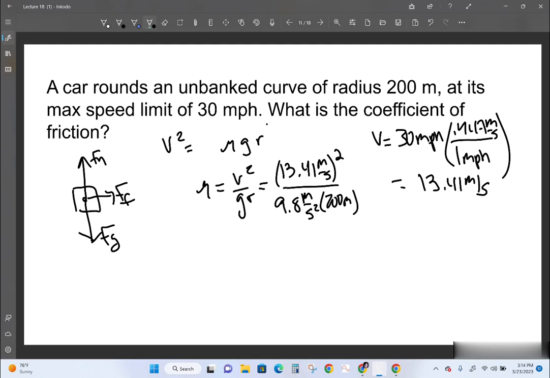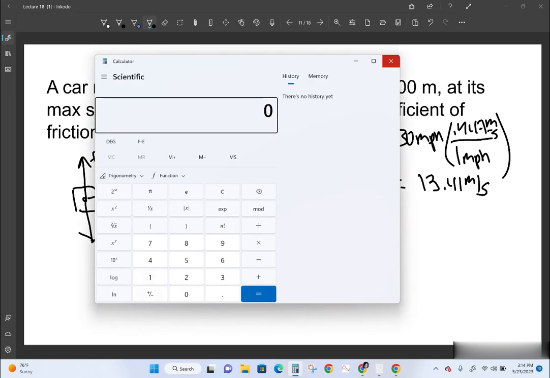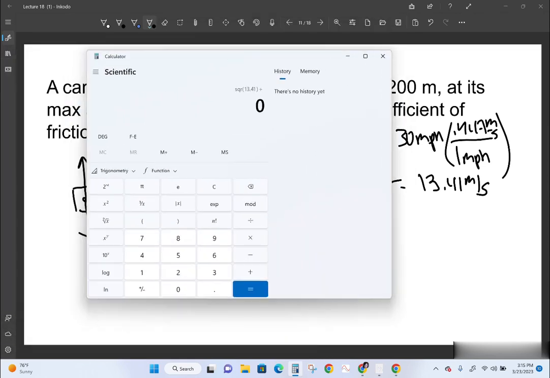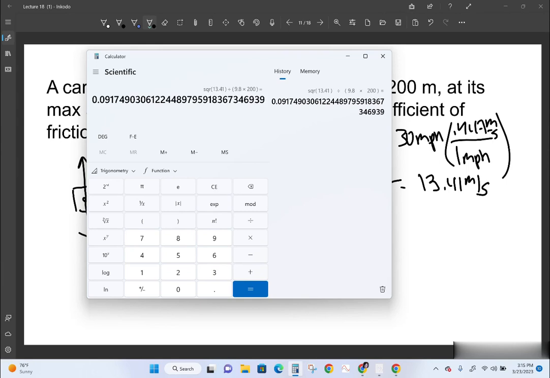So if we put this in our calculator, it'll be 13.41 squared divided by the quantity 9.8 times 200 end quantity equals 0.0917.